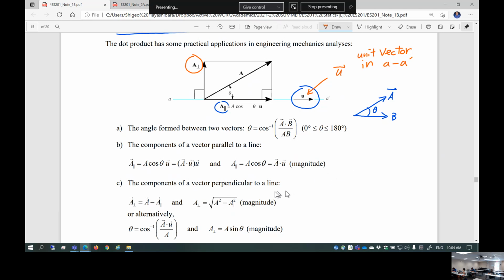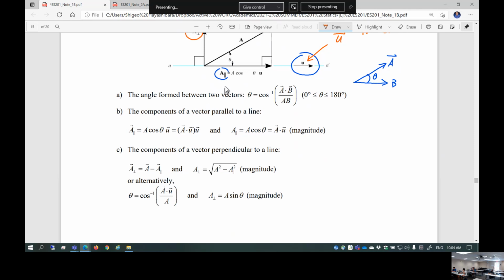Magnitude is 1. Okay, so that's U. For the component of this vector A perpendicular to a line, of course, first of all, you have to find the vector A parallel to begin with. Once you know the vector A parallel, you can determine A perpendicular, which is vector A subtract A parallel.